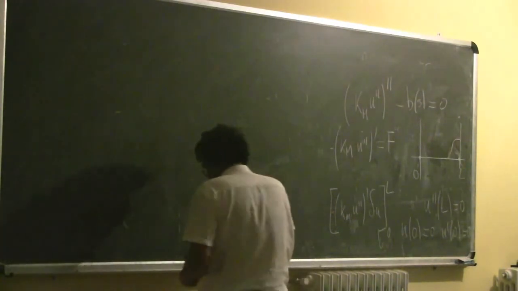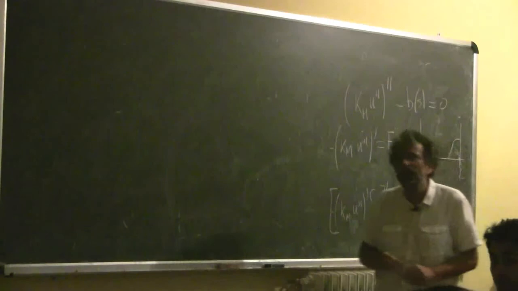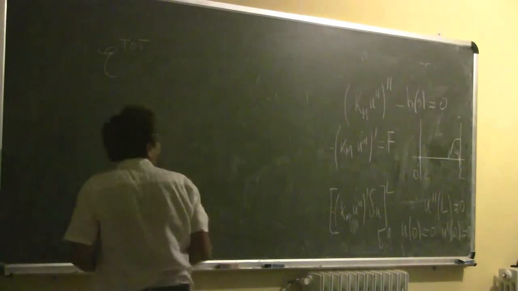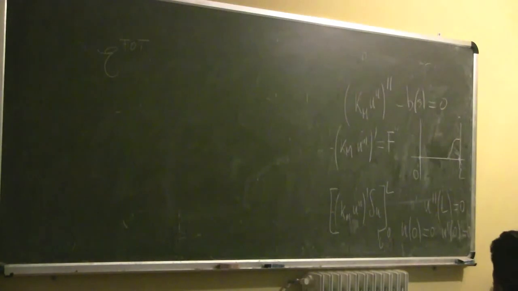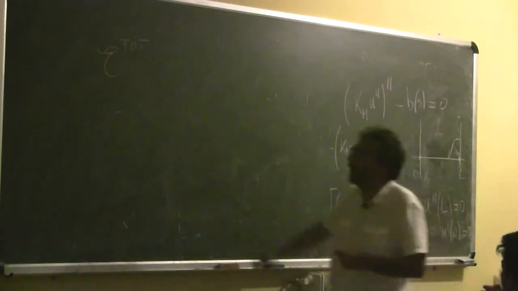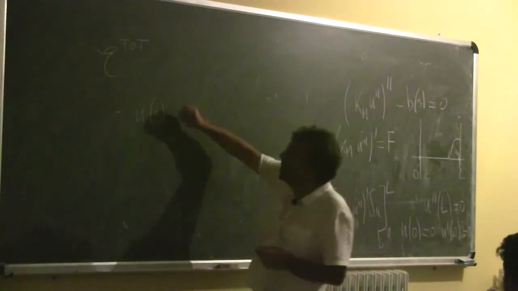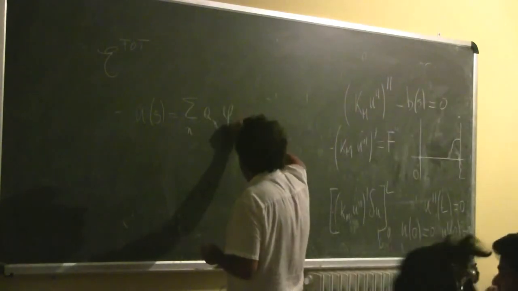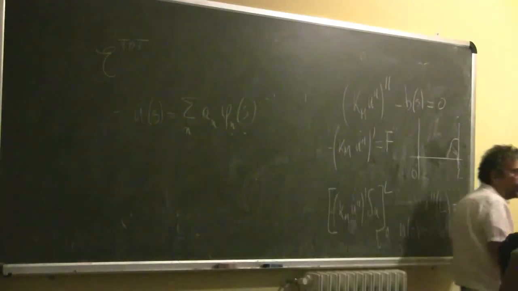So let us reason a little bit. Okay? If I have E total, okay, you have studied shape functions and you have decided that you wanted to find u of s as the sum over n of a_n phi_n of s, where phi_n are shape functions.